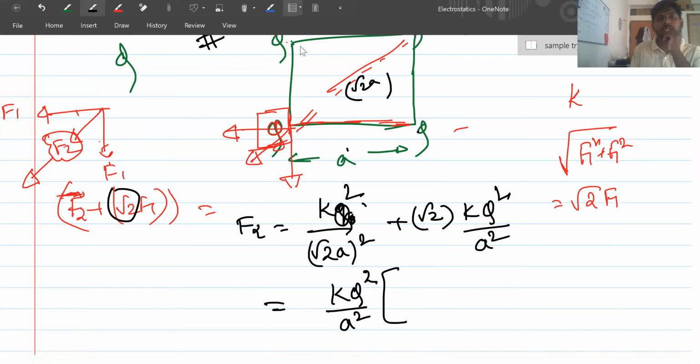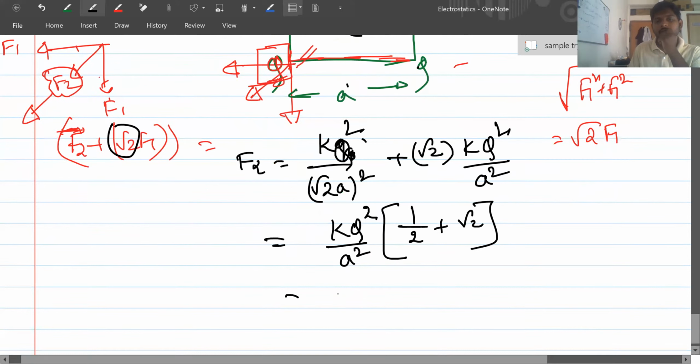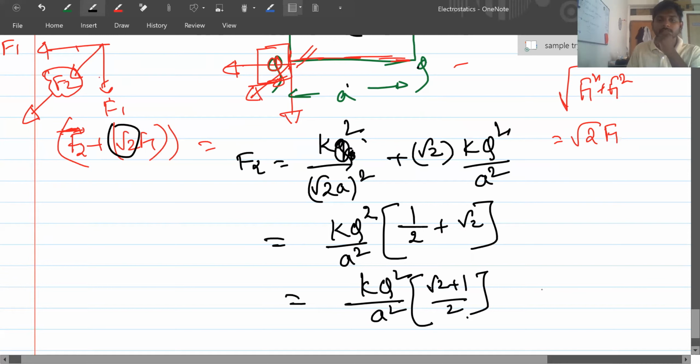F1 is due to these two charges. Okay, I got it, sir. So 1 by 2 plus root 2. The answer is KQ square by A square into root 2 plus 1 by 2.